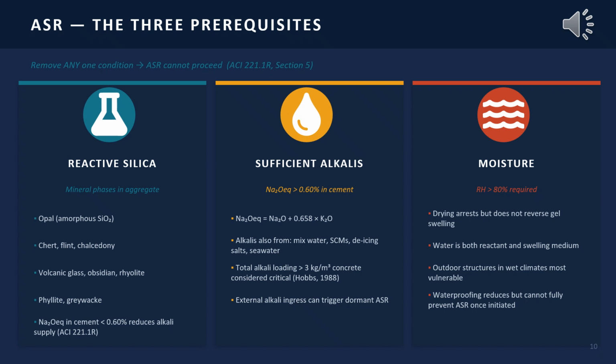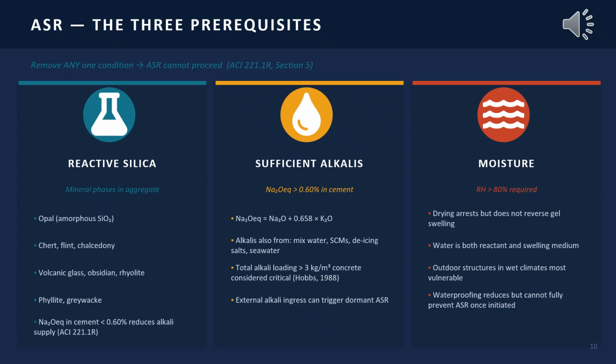Alkalis can also come from mixing water, from de-icing salt penetrating the concrete surface, and from seawater. The critical total alkali loading in the concrete mix is generally taken as 3 kg per cubic meter, based on work by Hobbs in 1988. Corner 3. Moisture.